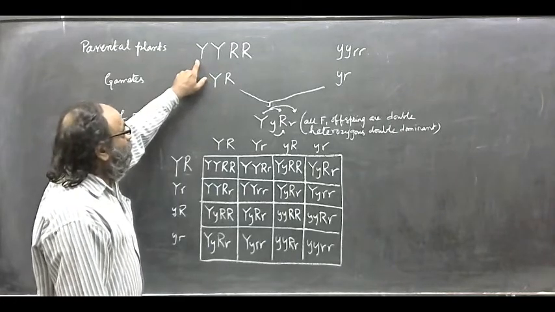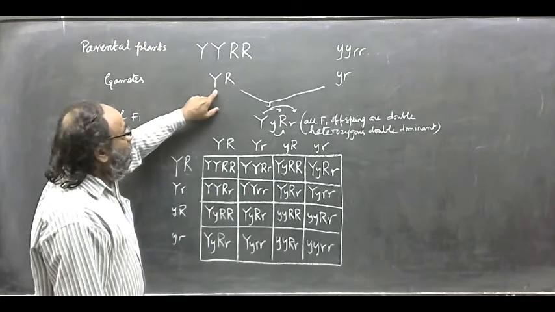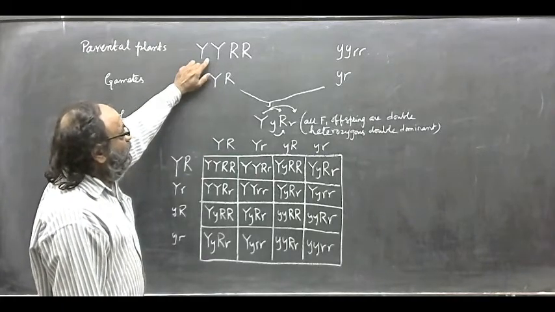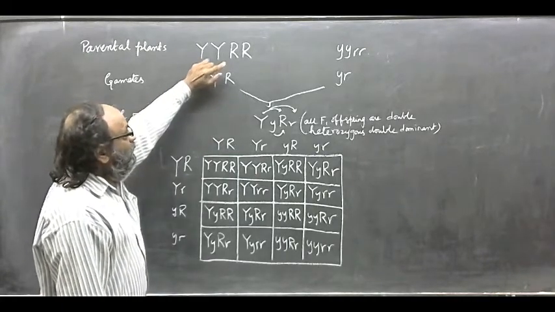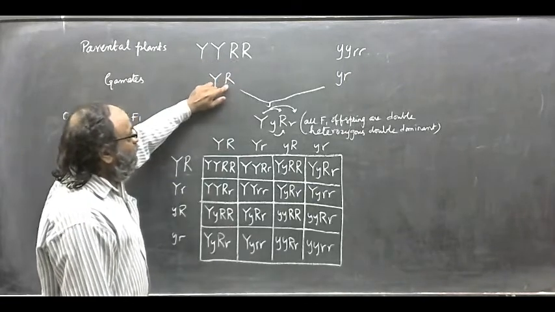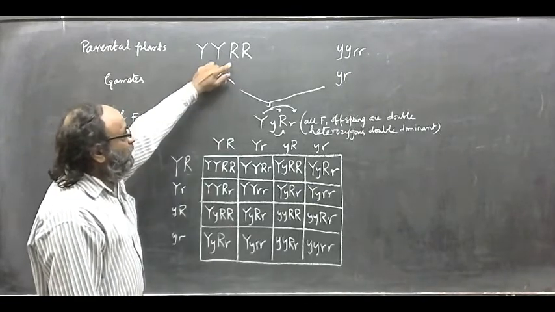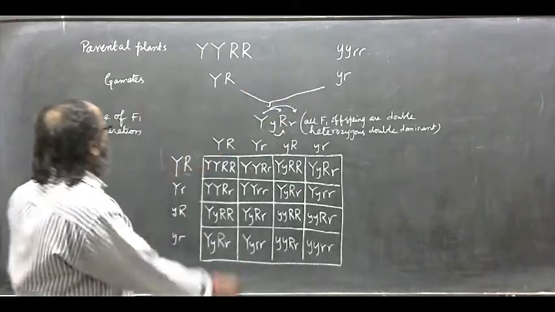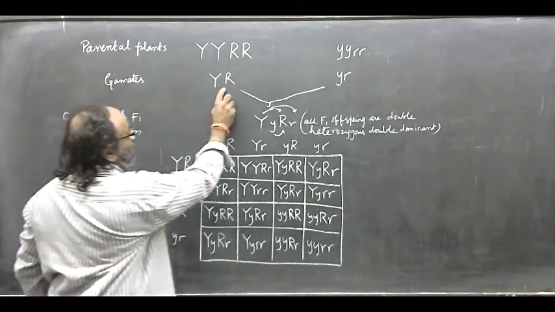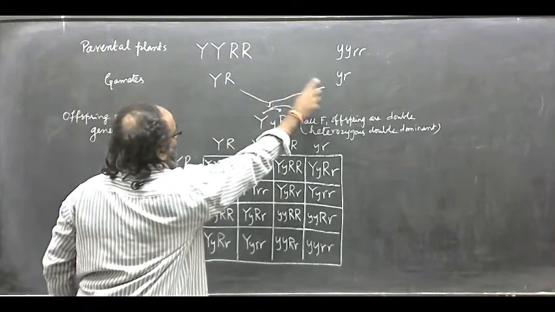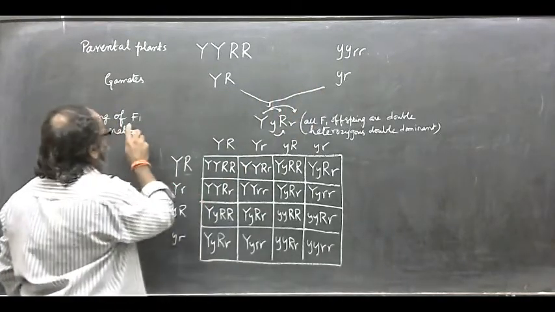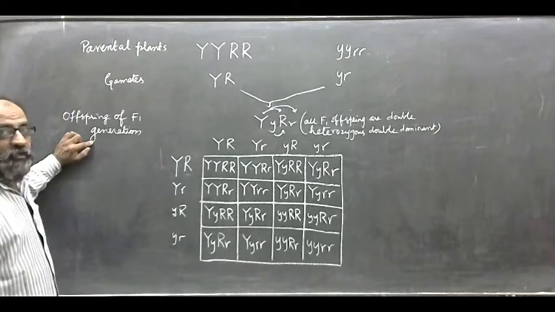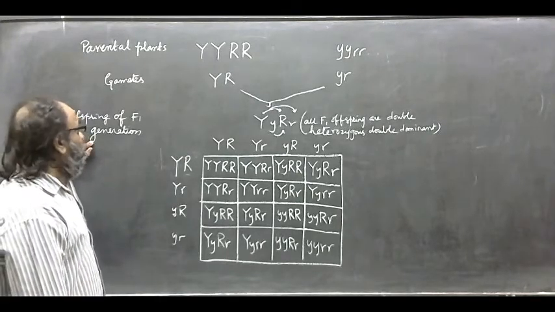The genes responsible for the color of the seed and the shape of the seed are segregated independently. And these gametes of both the parental plants fuse to form offspring of F1 generation.